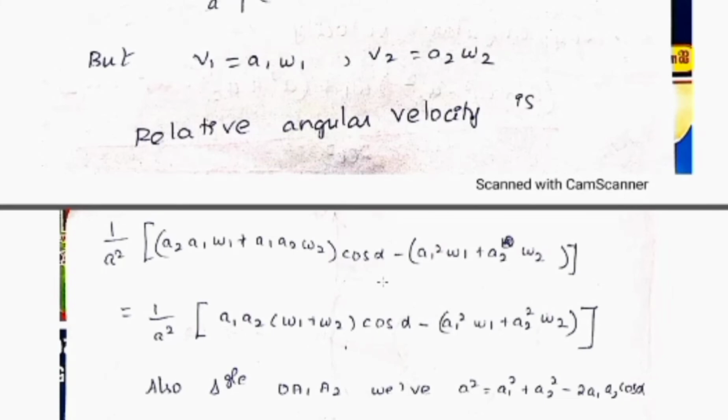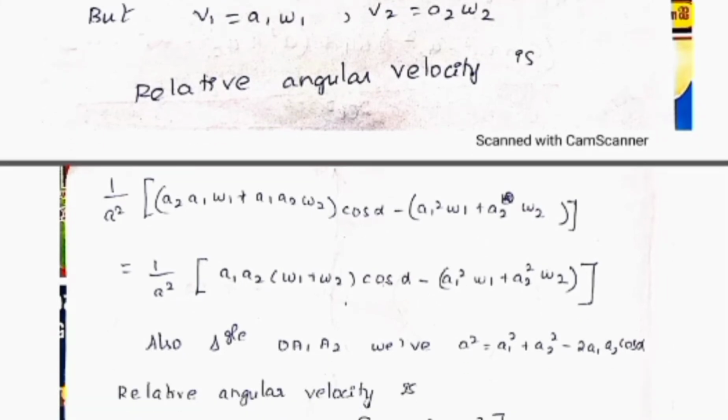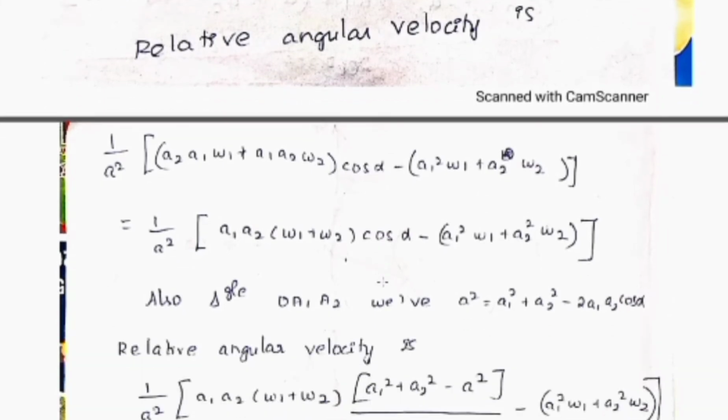Similarly for the second term, a1² ω1 plus a2² ω2. Also, in the triangle with sides a1 and a2 we have a² equals a1² plus a2² minus 2 a1 a2 cos alpha.